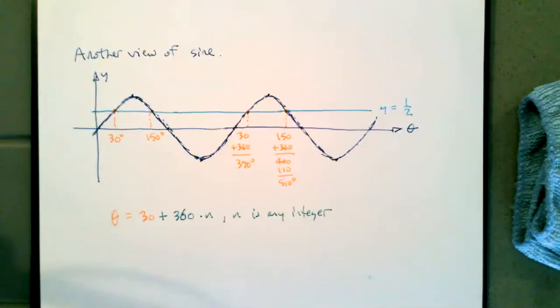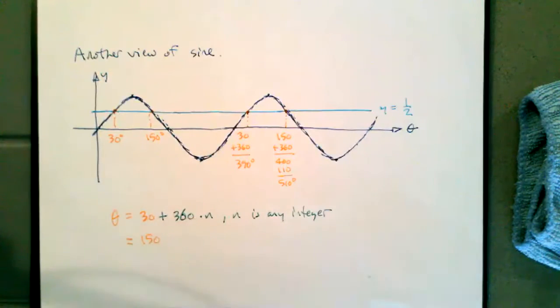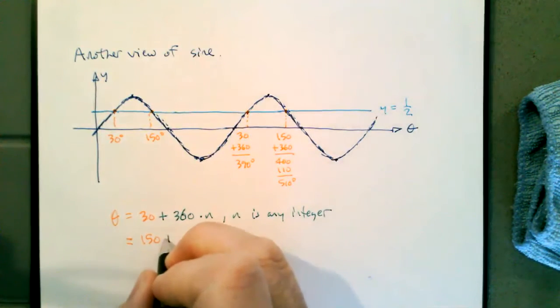The 30 we get from the sine inverse, but we also get 150 because that's where sine is positive in the second quadrant. And then because the circle just keeps going around, we can add another full circle.